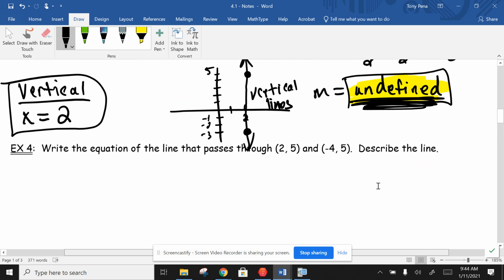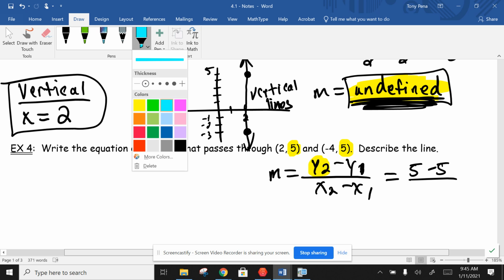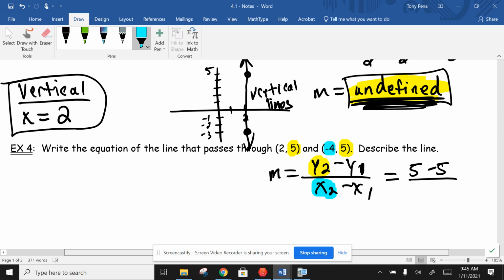Now the next one, just so we understand how these are a little bit the same and how they are different. Let's find the slope of this one. So we want our slope formula. The y coordinate in point number 2 is a 5, so you're going to do 5 minus the y coordinate in point number 1, which is also 5. For the x's, the x coordinate in the second point is -4, subtract the x coordinate in the first point, which was 2.